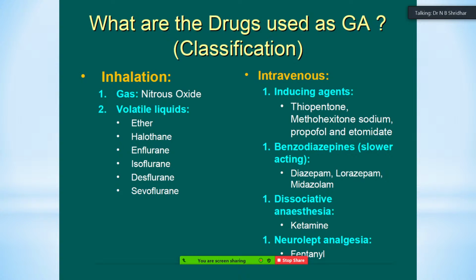As far as intravenous anesthesia is concerned, varieties of agents are there. The inducing agents like thiopentone sodium, methohexitone sodium, propofol and etomidate. These are the intravenous agents, and the benzodiazepines are the slower acting agents. The classical examples are diazepam, lorazepam, midazolam, alprazolam and many more.